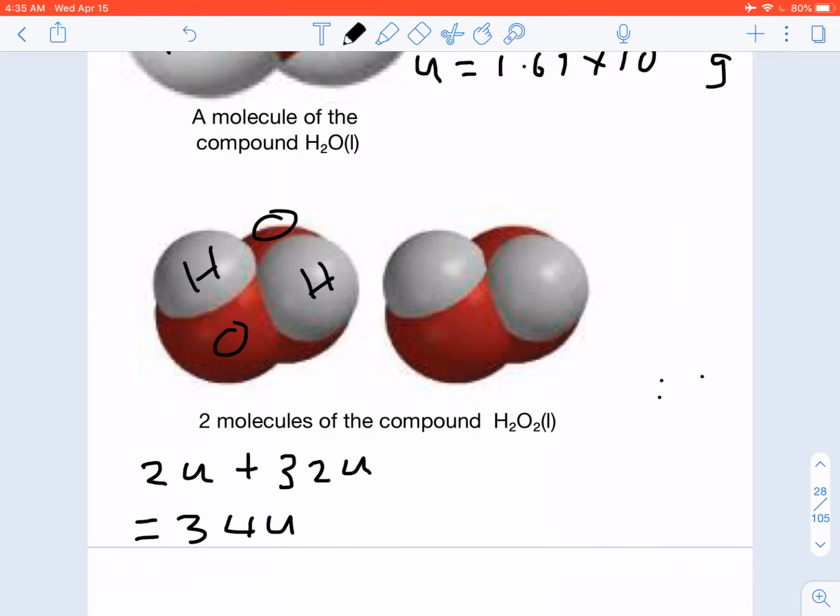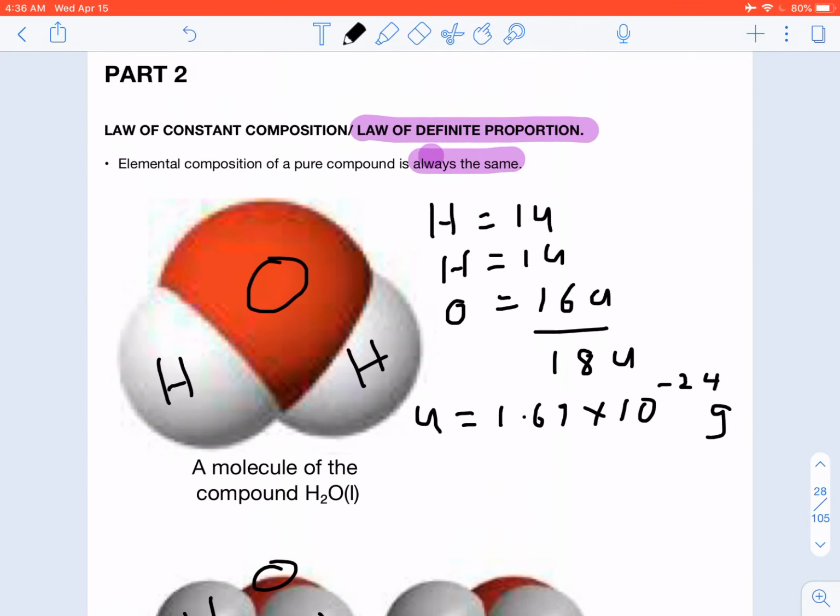That is the mass of one molecule of hydrogen peroxide. And to get its absolute mass, we then take 34 and multiply it by 1.67, which is given to 2 decimal places, times 10 to the minus 24.